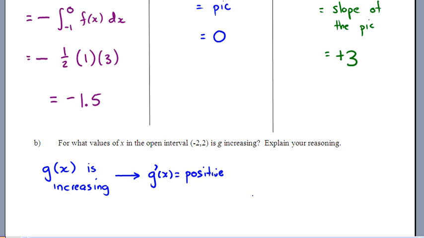But g prime is actually just the same thing as f. So we're just looking at f, which is the picture, and we're saying that's going to have to be positive.